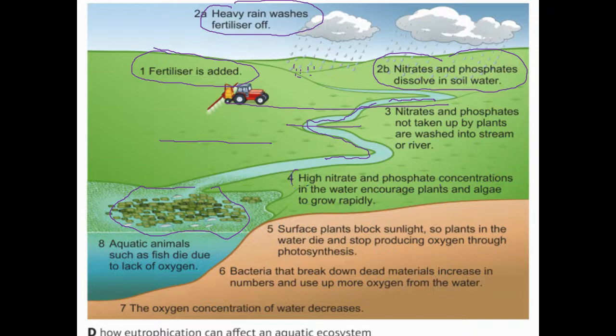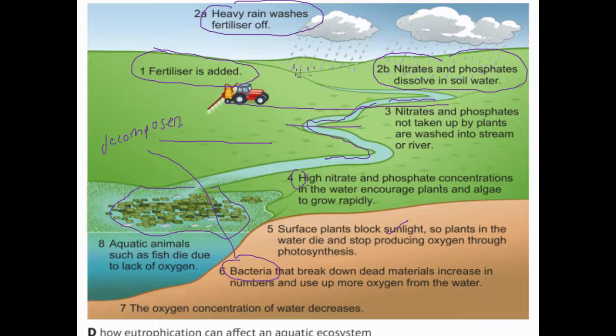Number 5, surface plants block sunlight. So plants underneath die, stopping oxygen production through photosynthesis. This brings bacteria, which we now know, if you can remember, are called decomposers.